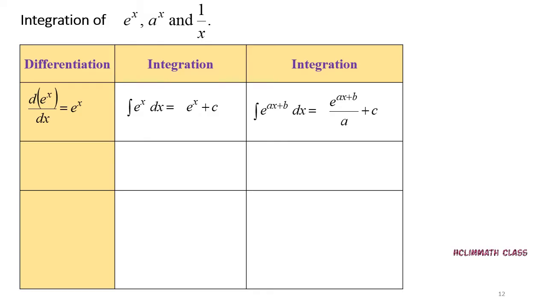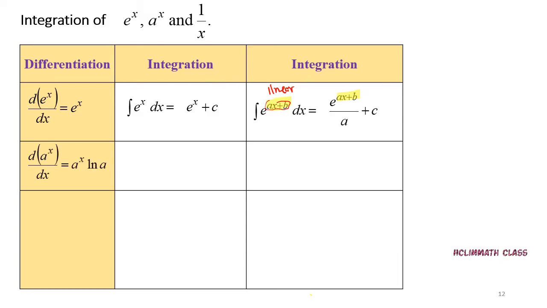For these cases, I want you to take note, please write it out: the power here should be linear. The power here for the exponent must be linear, only then can you apply this formula, e power ax plus b over a.